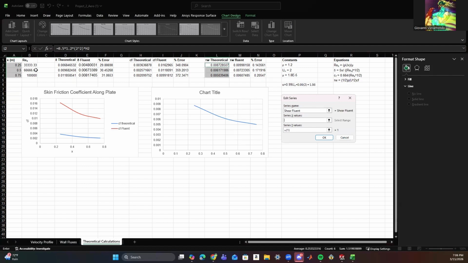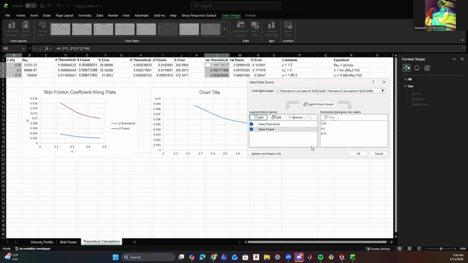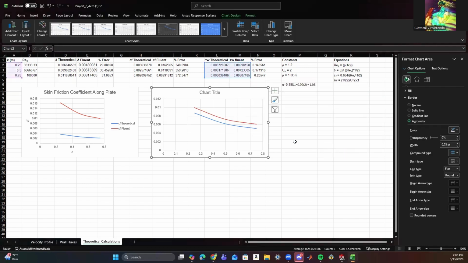And the X value is just going to be this, Y value this. Okay. See, they're pretty close to each other, unlike this one.